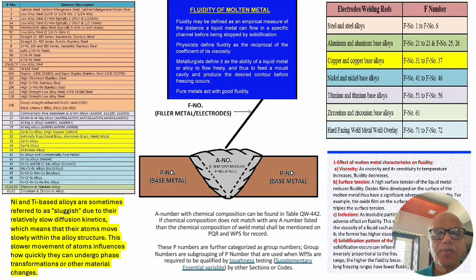So 0.2 of the parent metal, 20% of that, that means it is going to be 0.04 that is going to come from the parent metal, and 80% of 0.1, so that is 0.08. So that means 0.08 plus 0.04.